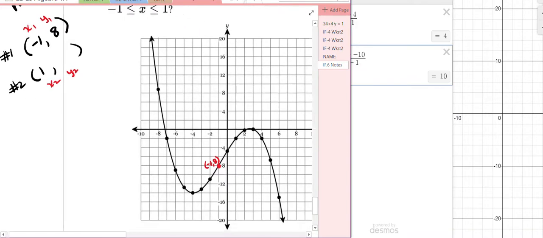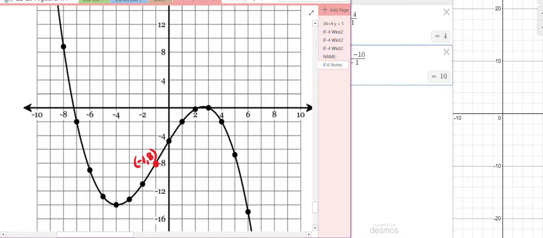And when x equals 1, x equals 1 here, so it'd be right here. So what is this value? Well, if this is -4, then this one has to be -2, right? So this point is 1 comma -2.